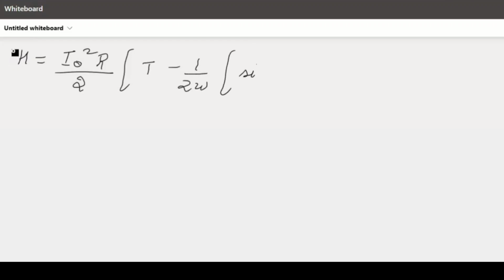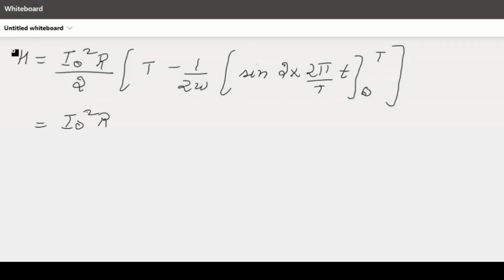Now see here, I am doing some changes in this expression. In place of the omega, I am putting the value of the omega, that is 2 pi divided by capital T, and its integration from the upper limit T to the lower limit, that is 0. This one is 0. So now we have another form of this equation.